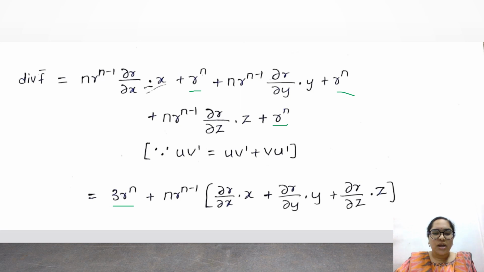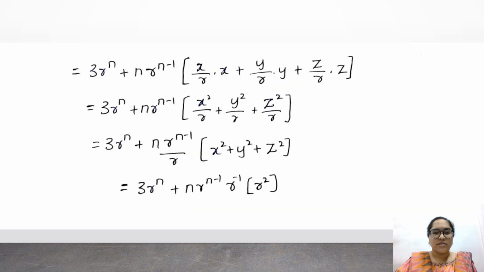We all know that dou r by dou x is x by r. I'll show you in the next slide. Here, dou r by dou x equals x by r, similarly dou r by dou y equals y by r, and dou r by dou z equals z by r. We simply multiply these and get x square by r plus y square by r plus z square by r.